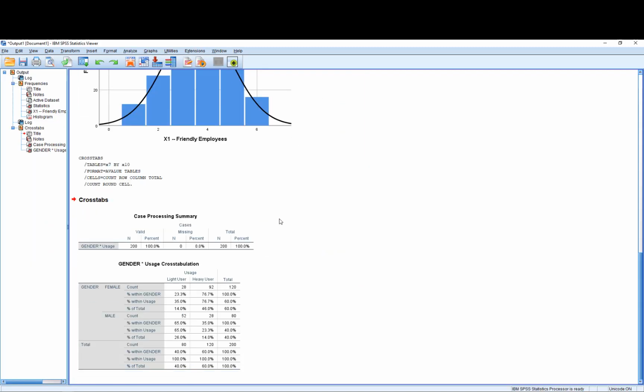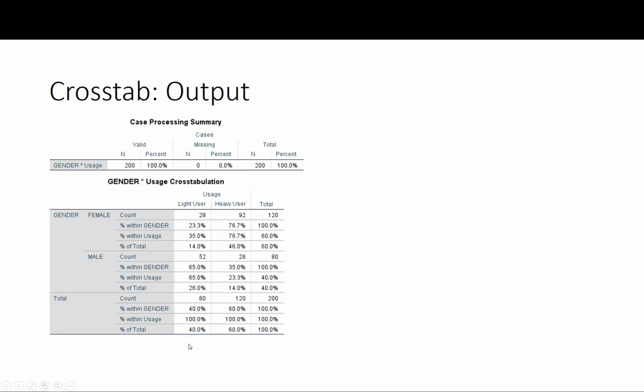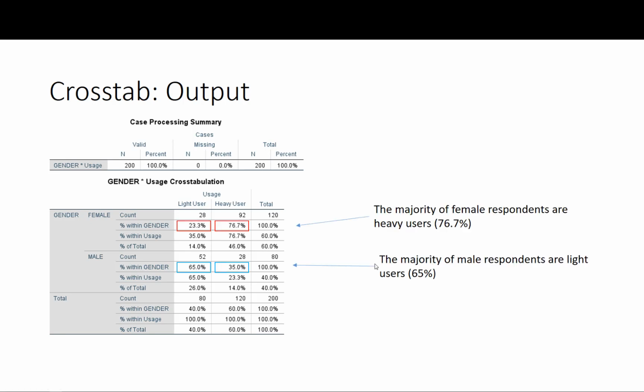So here is my Crosstab output. As you can see, I have no missing cases. I've got 100% of my data being considered. So how do we analyze this data? I'm just going to look at within gender outputs. I can then look at within usage outputs and make different interpretations.